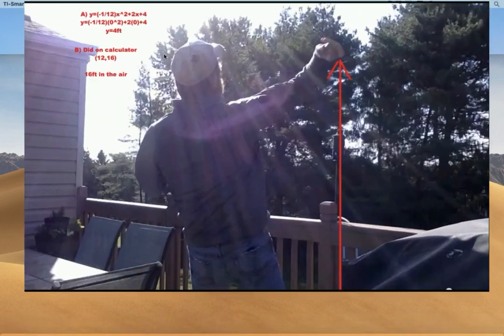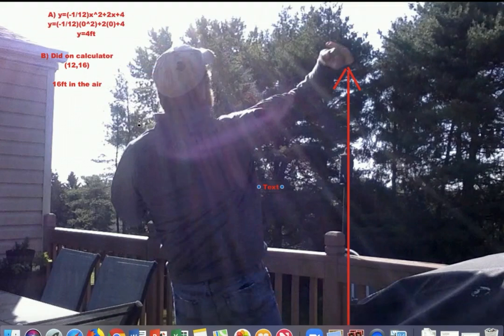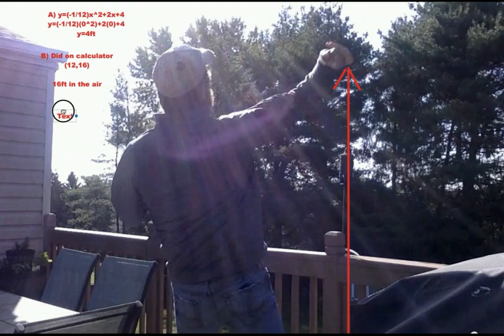So I would say the answer to C, we found the zero, or root, and that came out to be x equals 25.86 feet, meaning that I only threw it 25.86 feet.